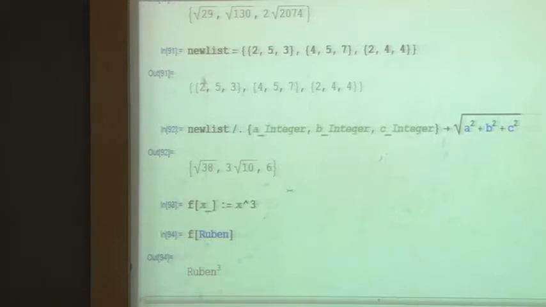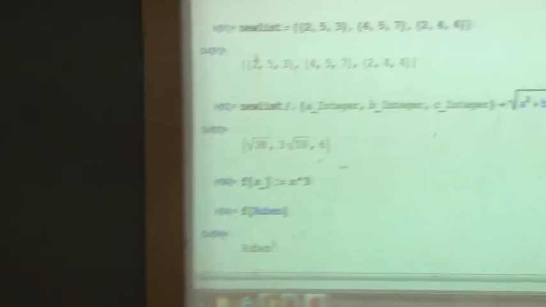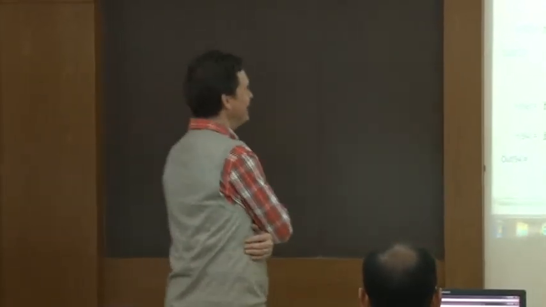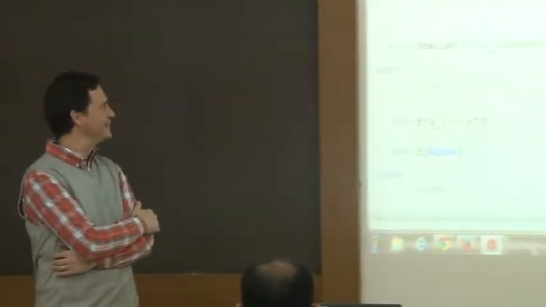Can you guys create a function now that will only give me the square root of a symbol? If it's something else, it will not do anything. Alright? Can you guys do that, right? Very quick, in a couple of minutes.